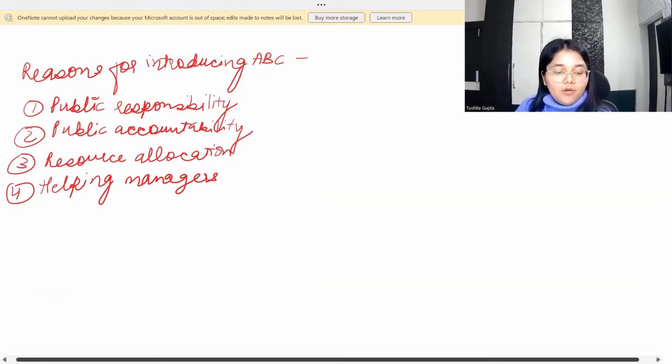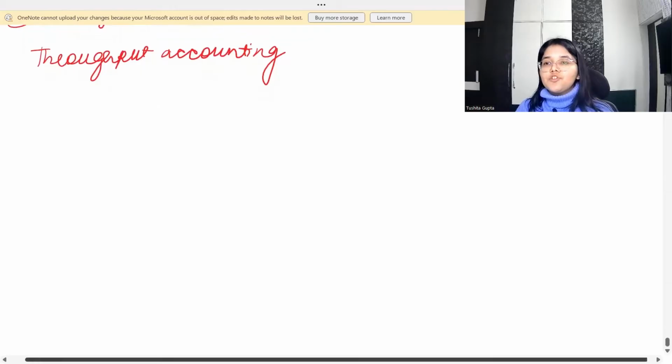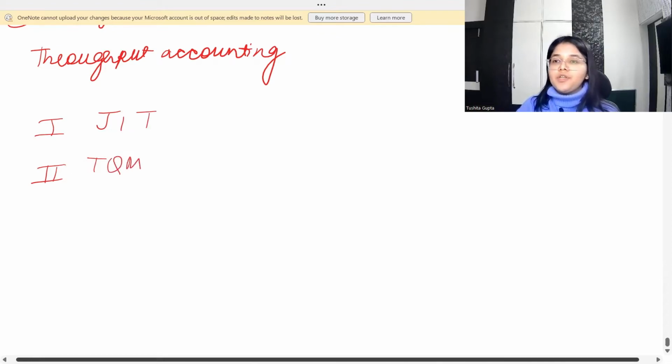Now let's talk about throughput accounting. Whenever you talk about throughput accounting, there are two things which should instantly come to your mind. The two things that I'm talking about over here are, first of all, the just-in-time system, and the second thing is total quality management.